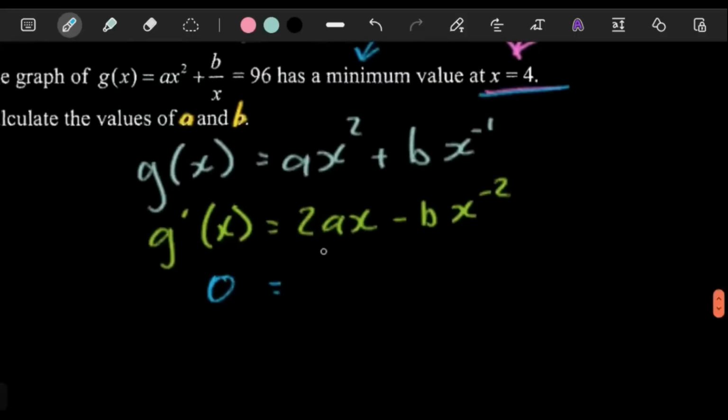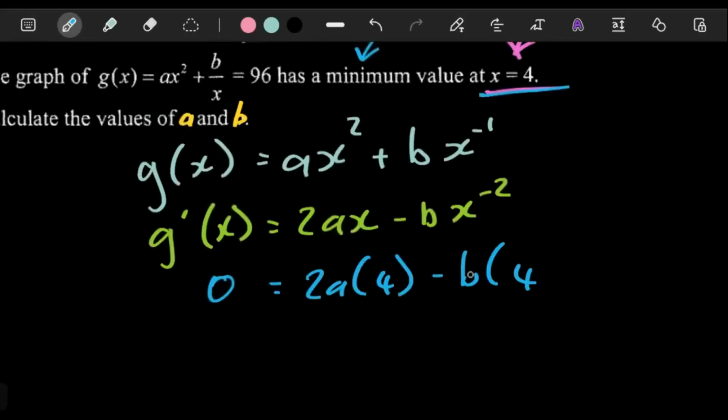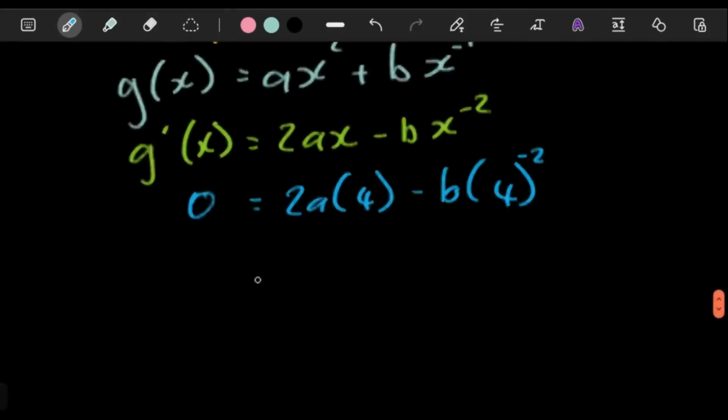So if you make this 0, it's specifically where x is 4. So doing this, you have an equation that has a and b only. Having an equation that has a and b only is useful because it's just helping us.